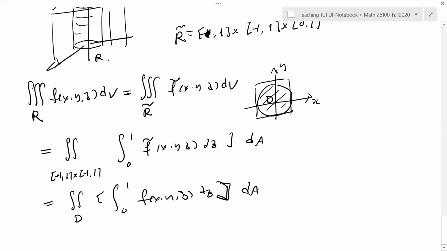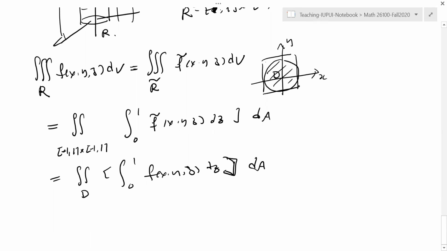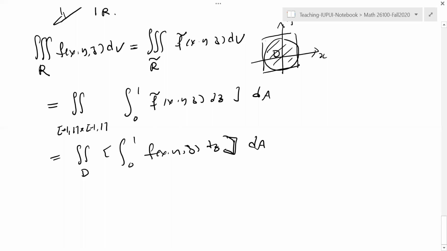If this is a disk, then I can use polar coordinates to evaluate the integral. So this triple integral right now can be evaluated using this iterated integral. One is a double integral, the other one is just a single integral. So it depends.